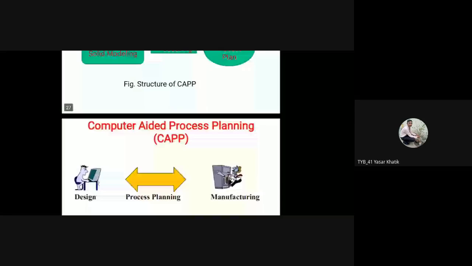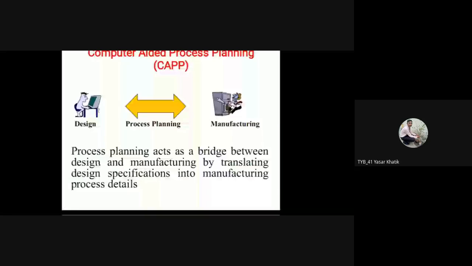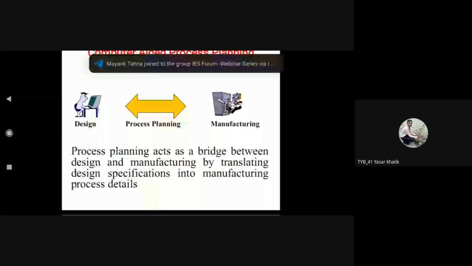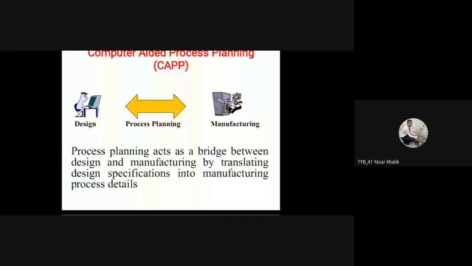Before manufacturing, we have to define some CAD phase items: the drawing, the material, and the process for making that part. The process that helps us between these two phases is called computer aided process planning. So it is a bridge between design and manufacturing.